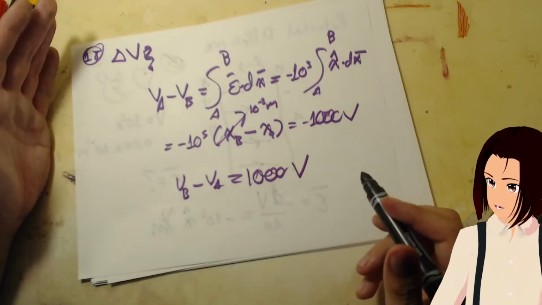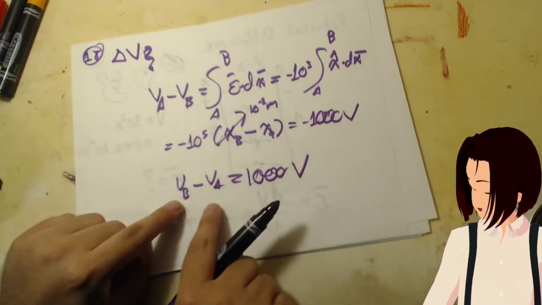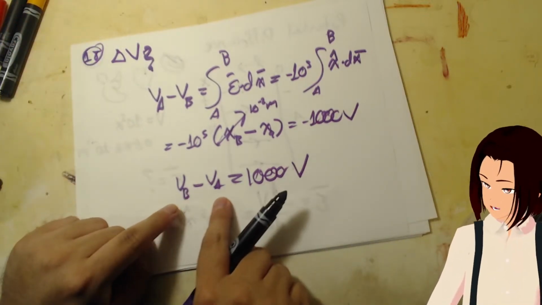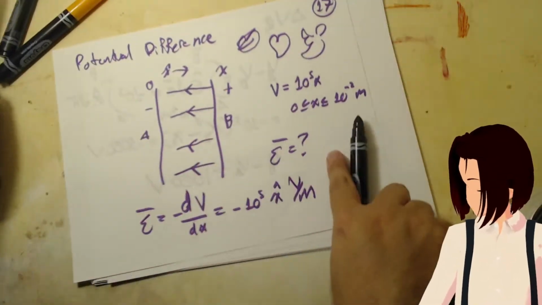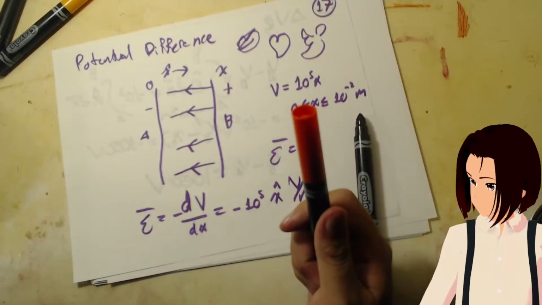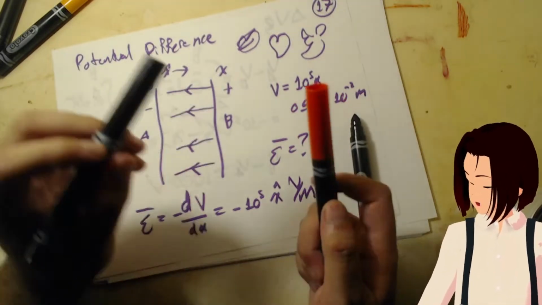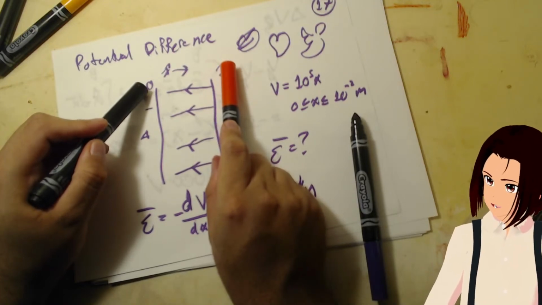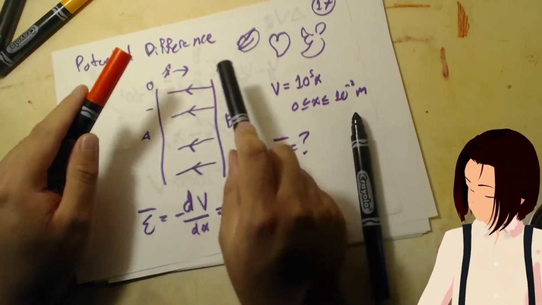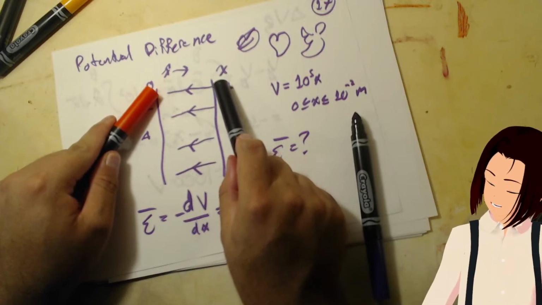That's the idea. If you get a positive probe and a negative probe and take it from here to here, you get 1,000 volts, but if you switch it, you get negative 1,000 volts.